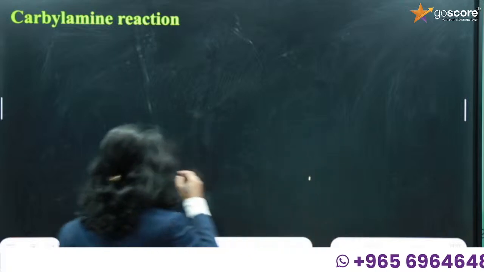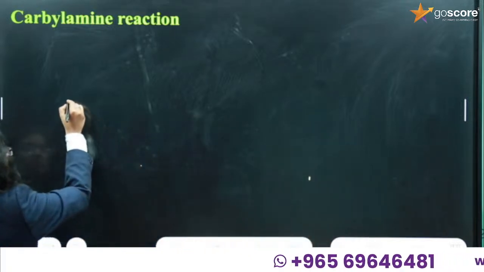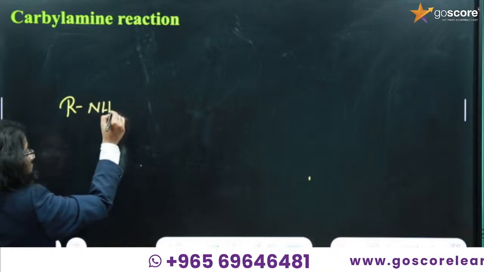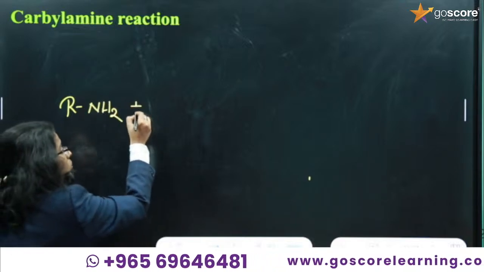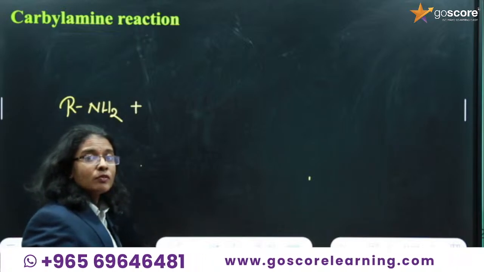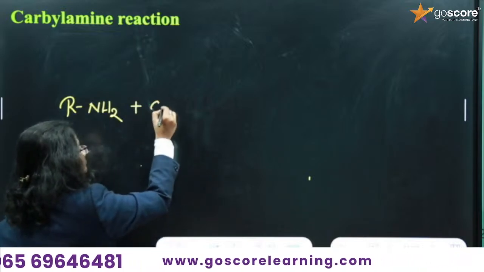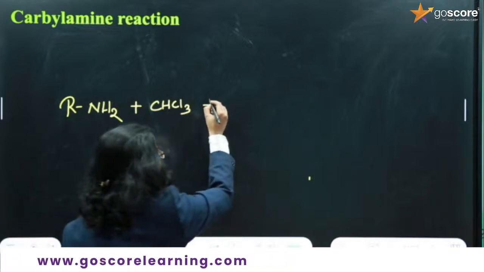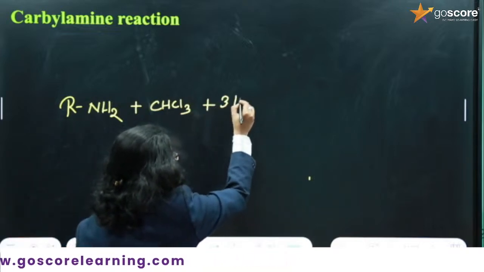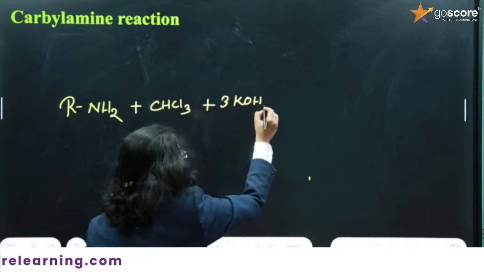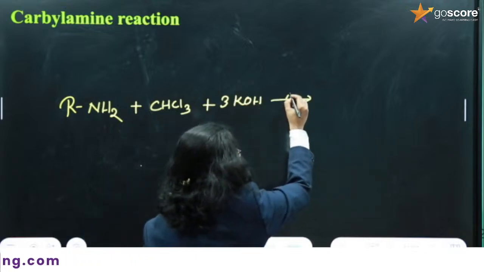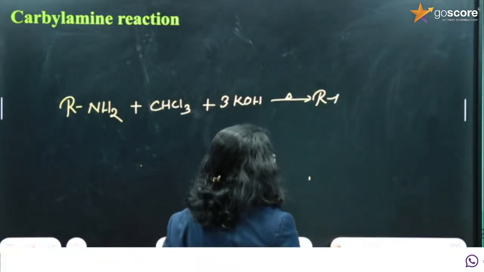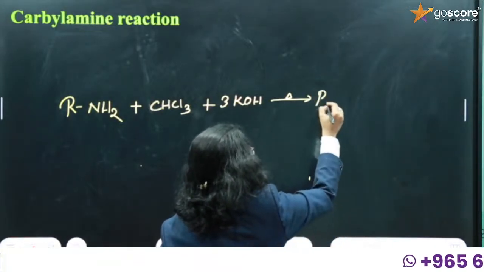So the equation is RNH2. RNH2 on reacting with chloroform. What is the general formula of chloroform? CHCl3 is the formula of chloroform, in presence of a base, that is KOH. On heating, you will get RNC.